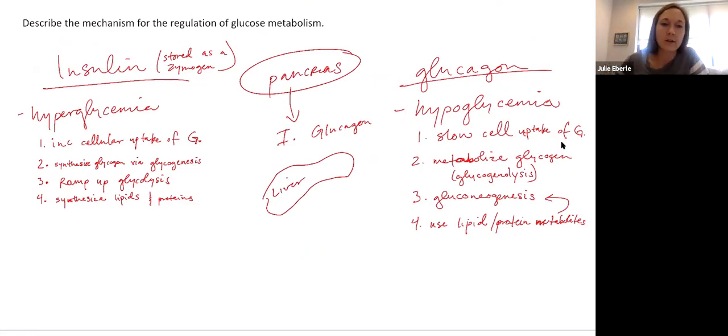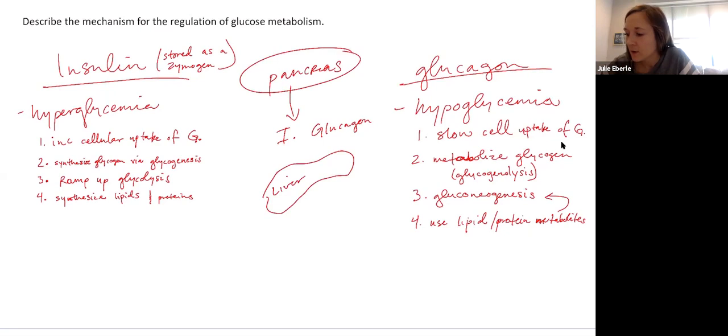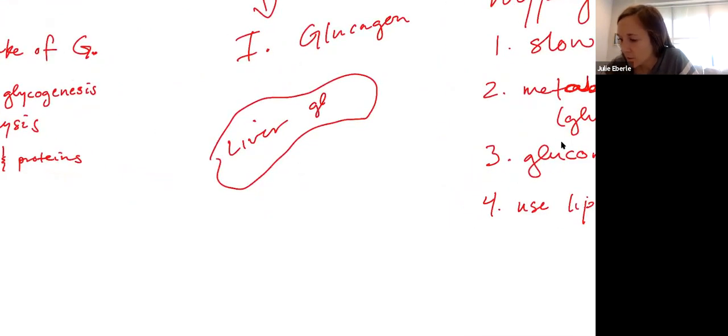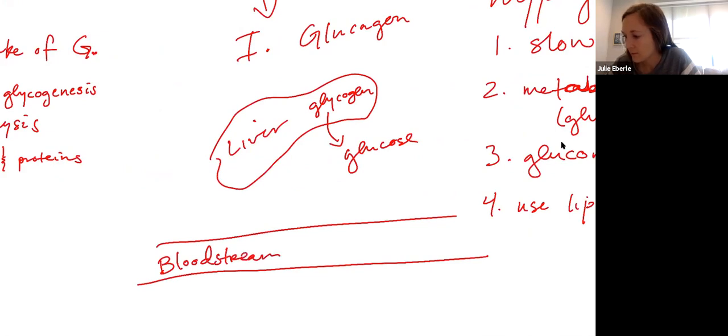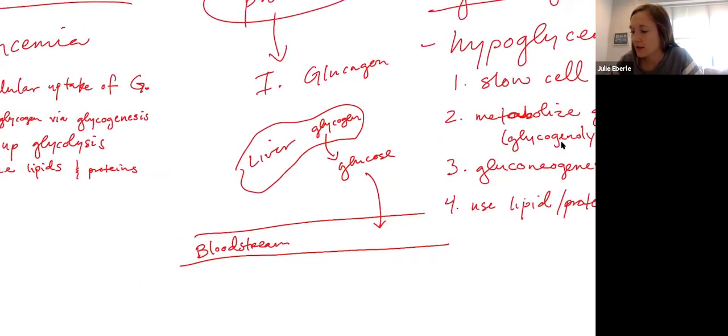At my drawing, it's going to go to your liver, where we have glycogen. Glycogen is either going to be stored here, where we bring glucose in and store it, or we take glycogen, break it down into glucose, and dump this into our bloodstream. So that is glucagon.